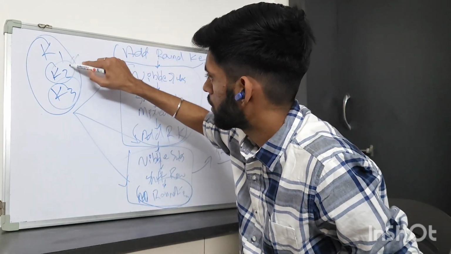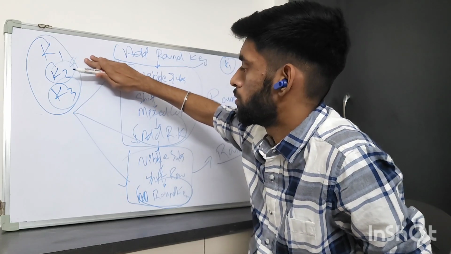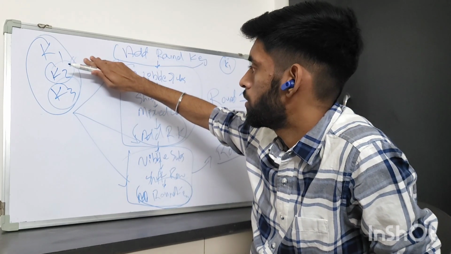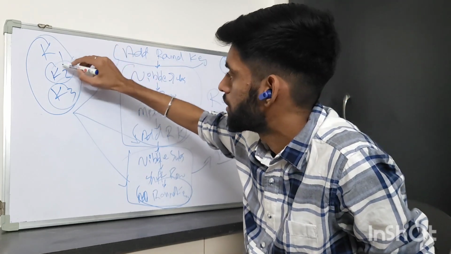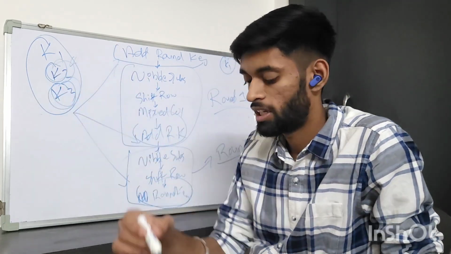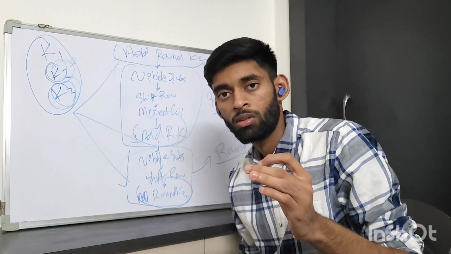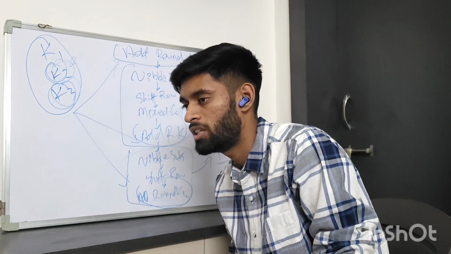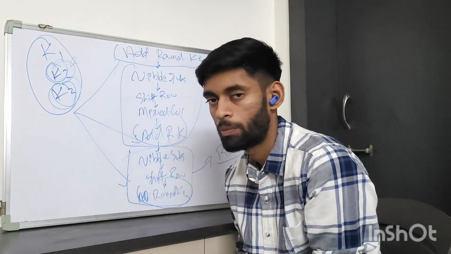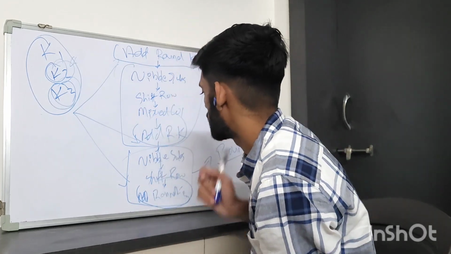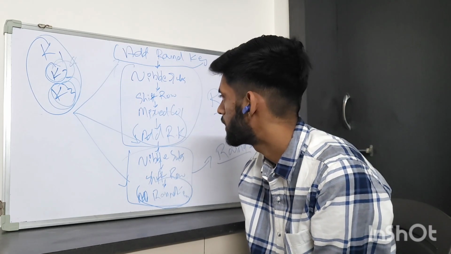Nibble substitution, shift row, and some normal operations are used while generating K2 and K3. It is relatively easier, no worries. The only step which takes a considerable amount of time is the mix column step. Otherwise, all the rest of the operations are really straightforward and all set.